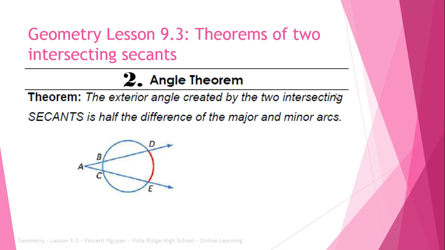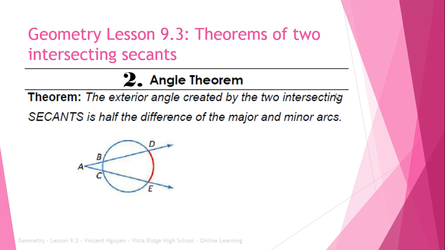Next theorem. This has to do with the angle. This is very similar to what you've seen before with the tangents, right? So it's not different. If you have two tangents intersect, just remind yourself the outside angle is the average of the difference between the two arcs.